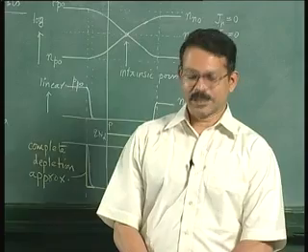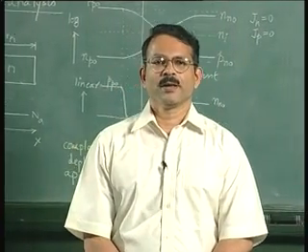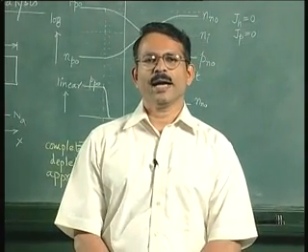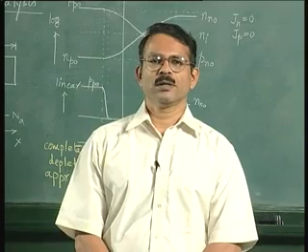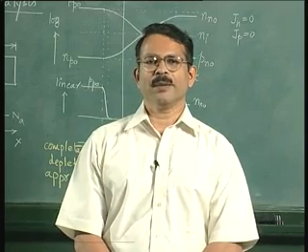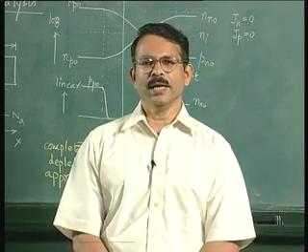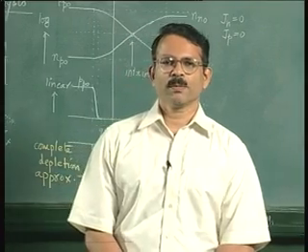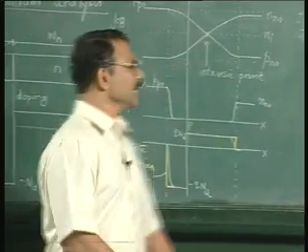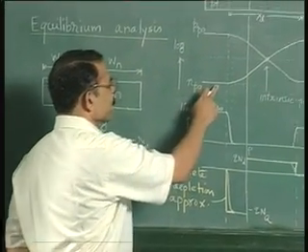Let us return to the analysis. Our analysis so far has given qualitative information about the 5 parameters, namely N, P, Jn, Jp and E. N and P variation is sketched here in these two graphs.